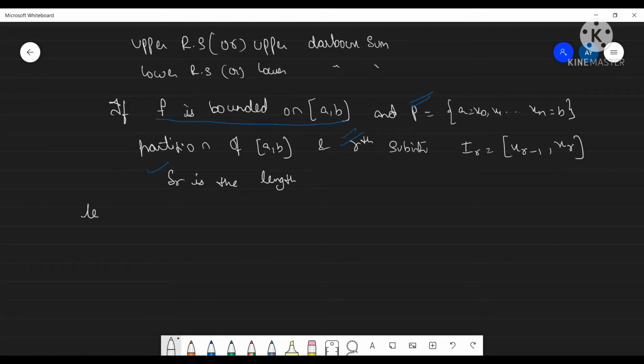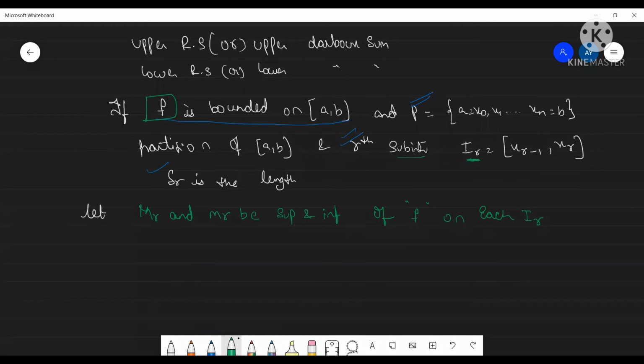Now let capital MR and small mr be the supremum and infimum, the least upper bound and greatest lower bound, of F, the function, on the subinterval IR, so on each IR.